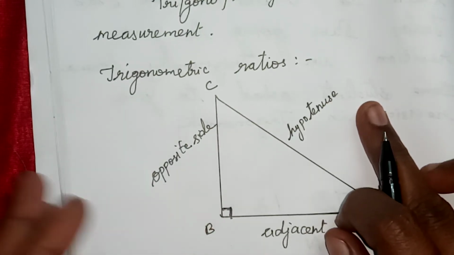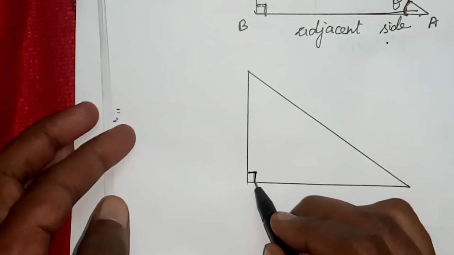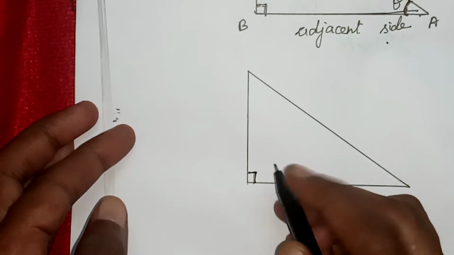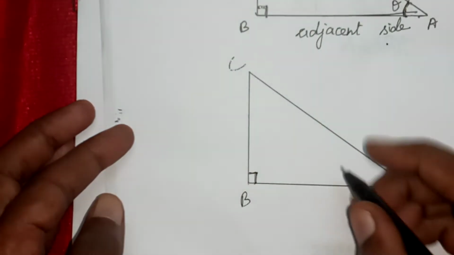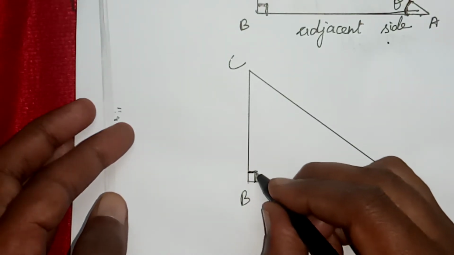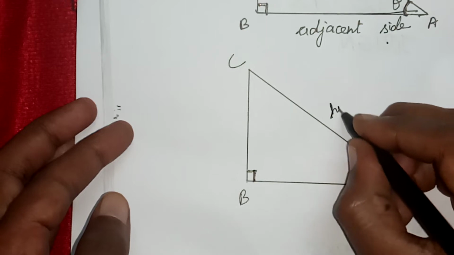In another diagram, I am explaining this. Listen. Now it is theta. Which is the hypotenuse? This one, A, B, C, like that I am taking. The side opposite to the right angle is called the hypotenuse.